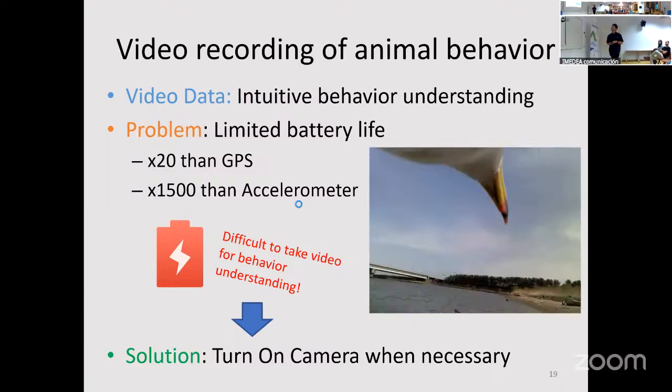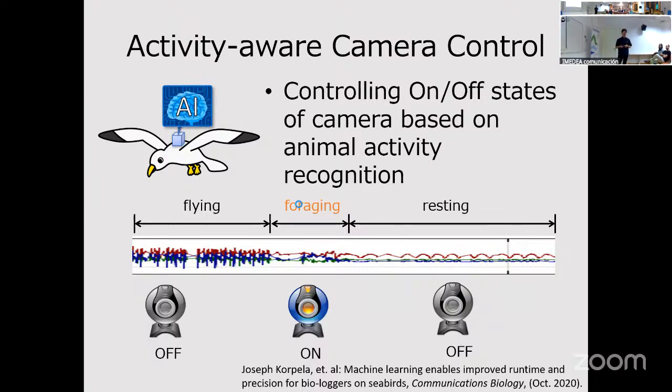Based on my research on humans, we developed an activity recognition technique based on AI. And based on that, we propose an activity-aware camera control. So we control the on-off states of the camera based on animal behavior recognition. We analyze acceleration data on the device in real time.